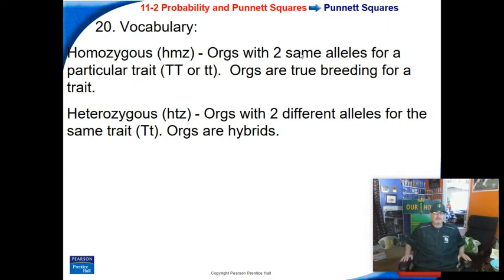And you get hybrids when you cross a homozygous dominant tall plant, big T, with a homozygous recessive plant, little t. And all of your offspring will be big T, little t. And that is exactly what happened in the F1 generation when he crossed two true breeding parents.